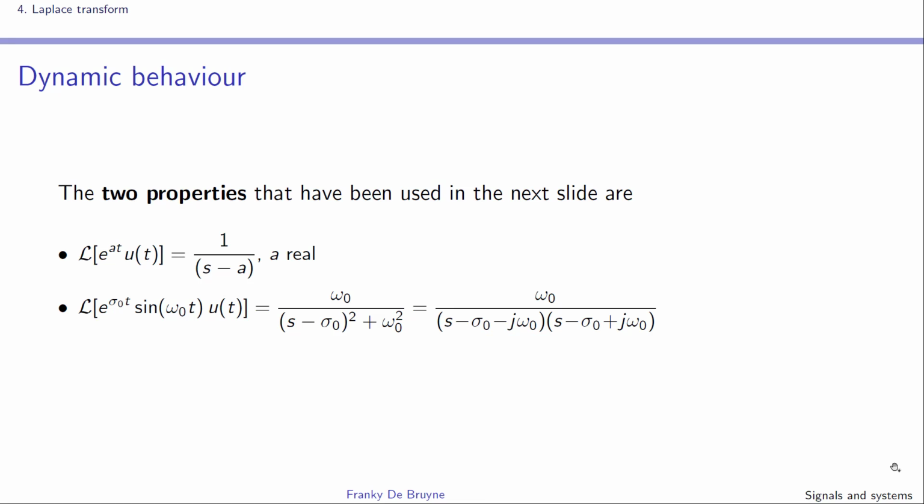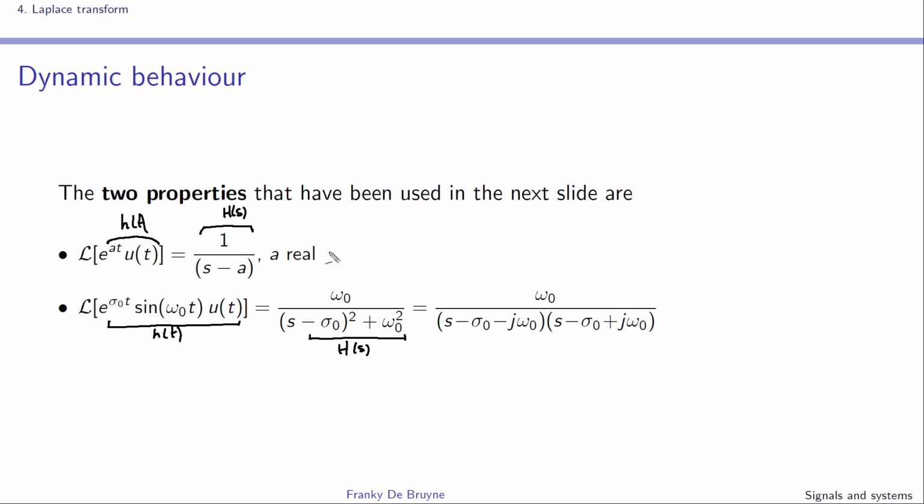So starting from these two Laplace pairs, what we can do is write on this side that this is H of s, so it's the transfer function of the system, right? And then you have here the Laplace transform of the impulse response, right?